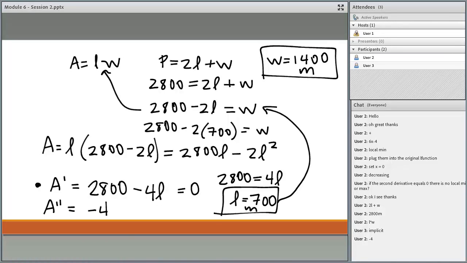Minus 4. So what does that mean? Very good. It means that this function's concave down everywhere. The whole thing is -4, so there's no place where it changes direction. So this is concave down everywhere, and concave down represents a local maximum. So we just confirmed that this critical point that we found was in fact a maximum.